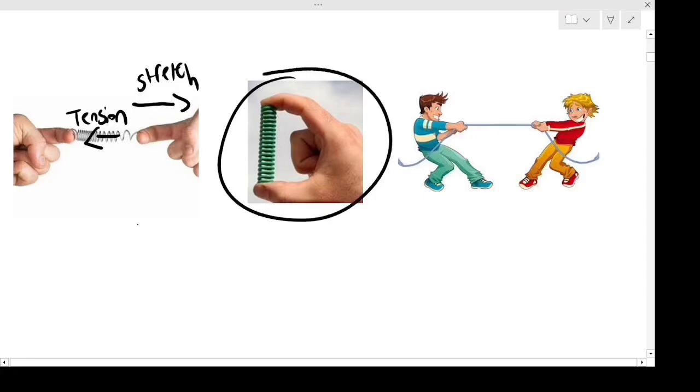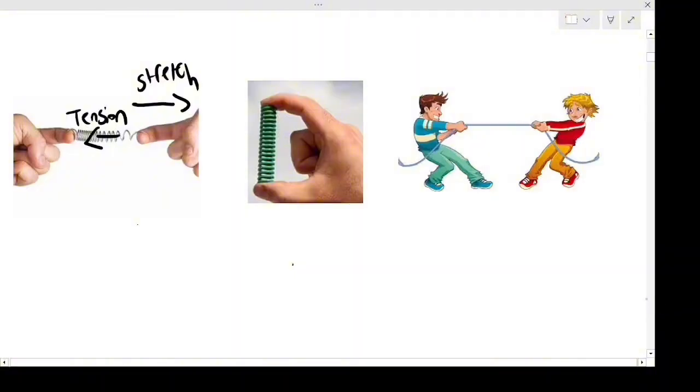Then we've got this example, which is compressing. The finger on the top is pressing down on this spring, so the compression is downwards. Again, the spring doesn't like that, so it produces a force upwards in the spring to oppose it. When it's compression, it's what we call a thrust force.